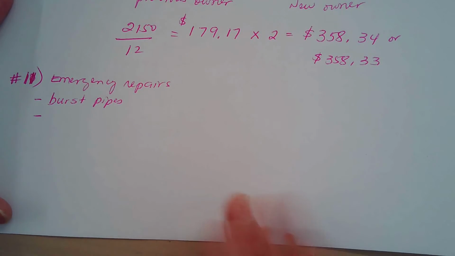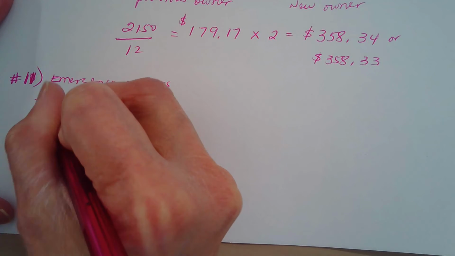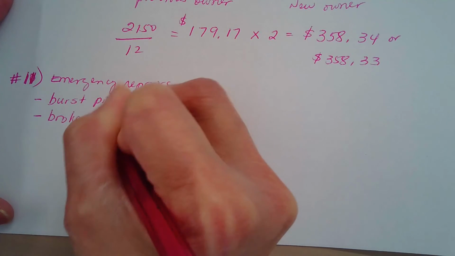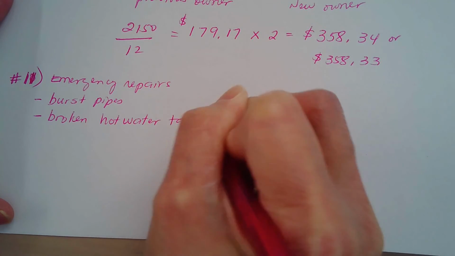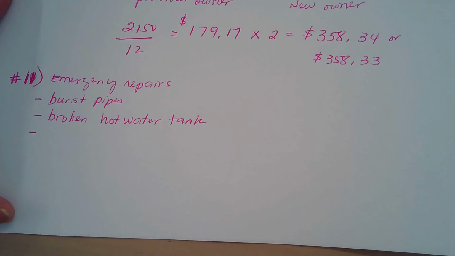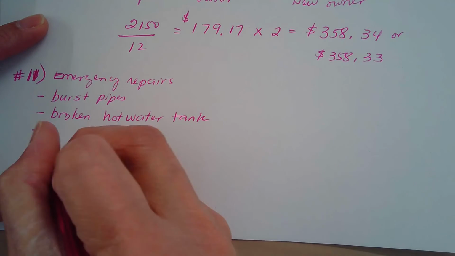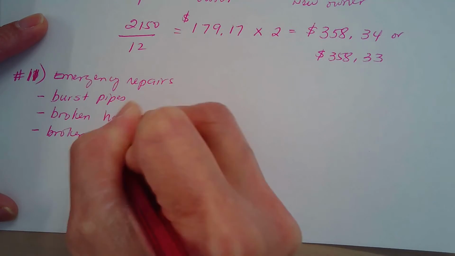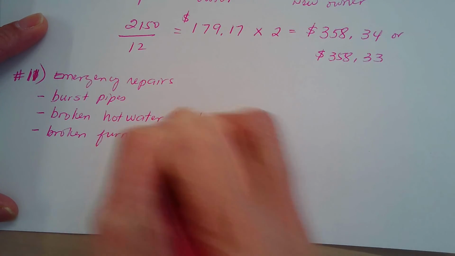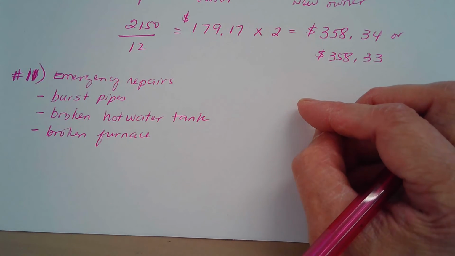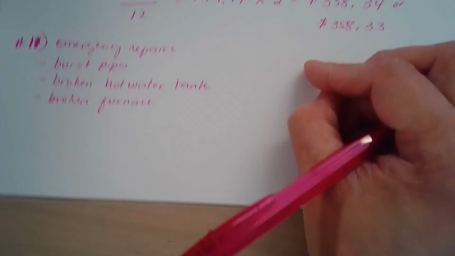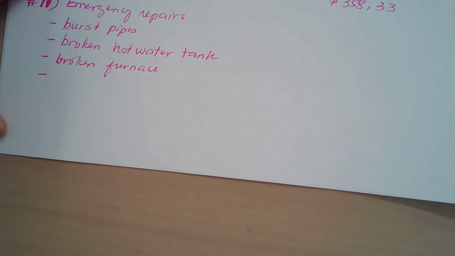Burst pipes. What's the other one? Broken hot water tank. Yes. And what else? A broken furnace. Okay. You could write this on your formula sheet, yes? You should.